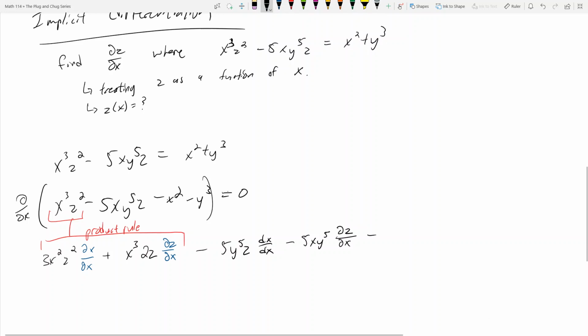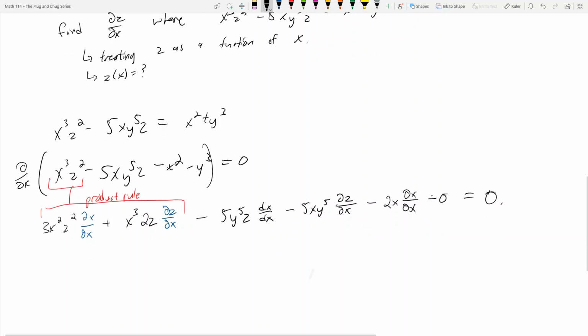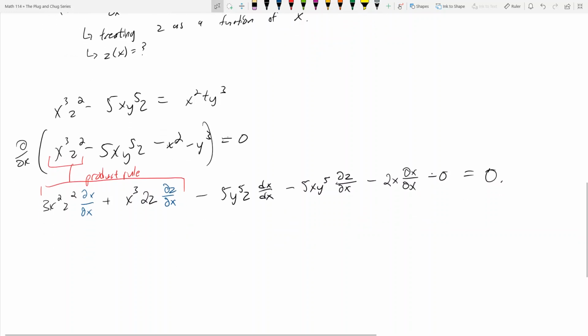Next term, I got minus x squared. Well, the partial of that with respect to x is going to be 2x, and then really 2x dx/dx. And then minus y cubed, well, what's the partial of y cubed with respect to x? Well, again, y is a constant with respect to x, so that's going to be minus 0, which is 0. Okay, so now let's clean this up a little bit.